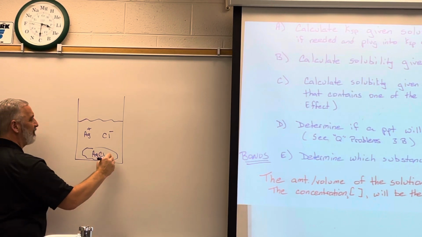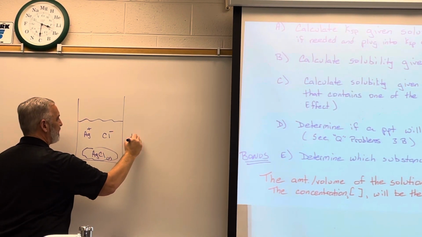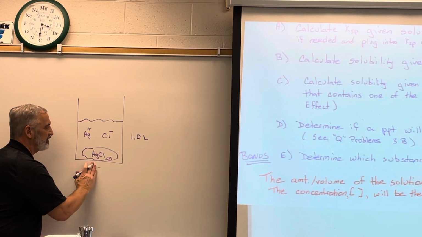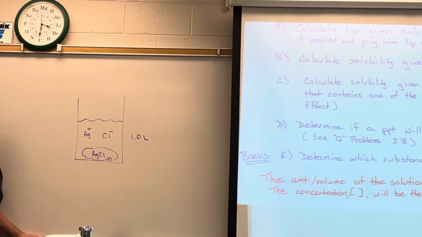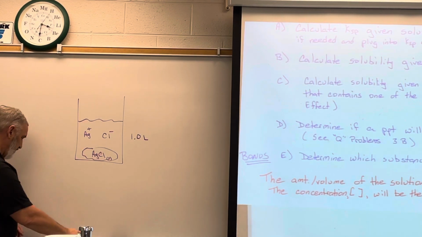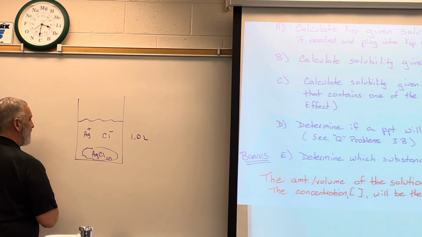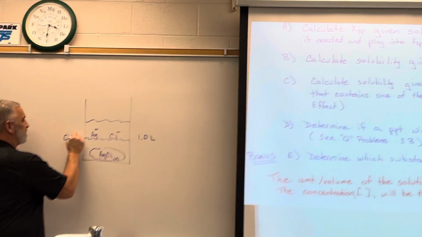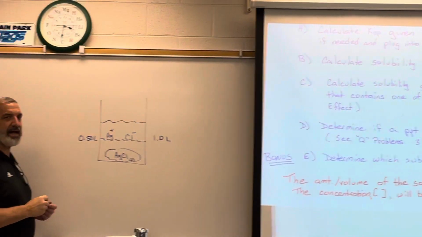And right now I'm going to have 1 liter of solution. And I begin to evaporate water off. I don't heat it up because that changes the value of K. But the water just evaporates. I leave it open for a week. And then the water level is now at 0.5 liters. What's going to happen?